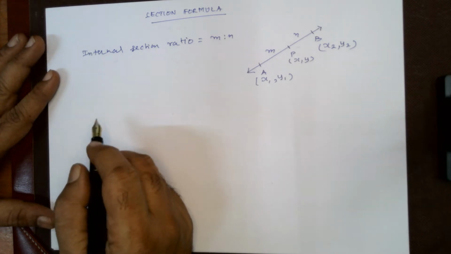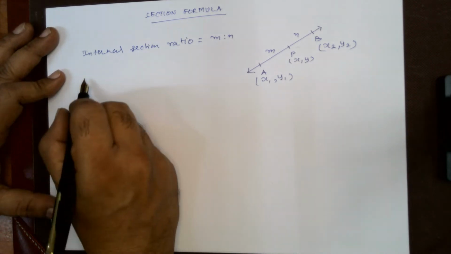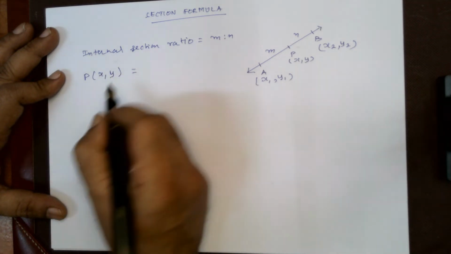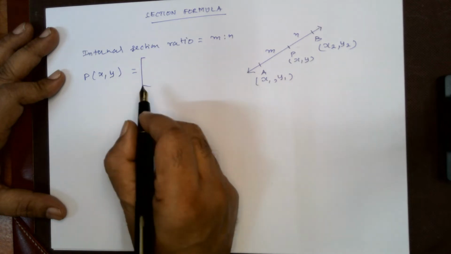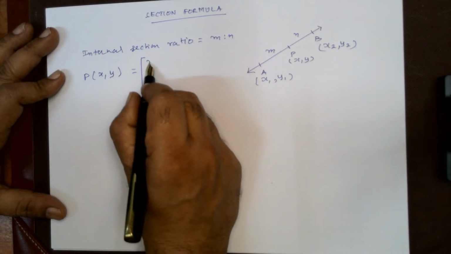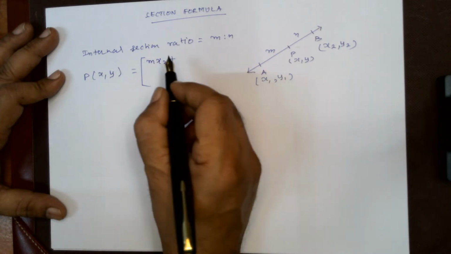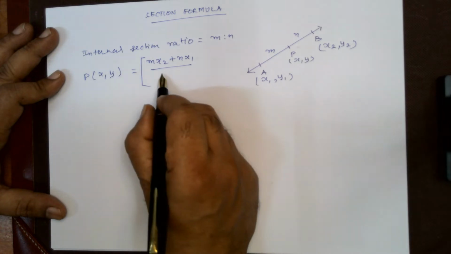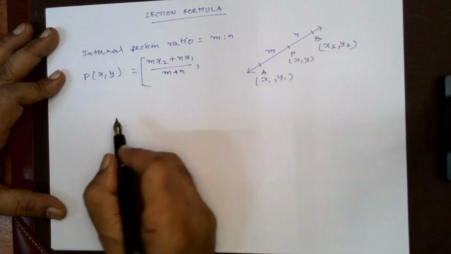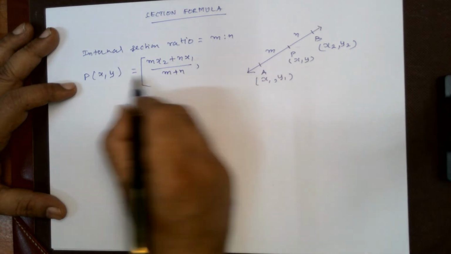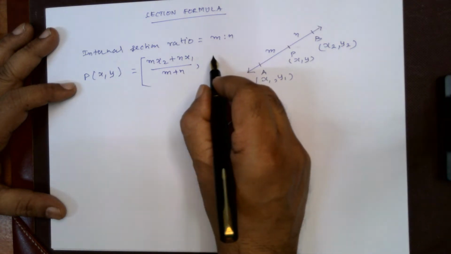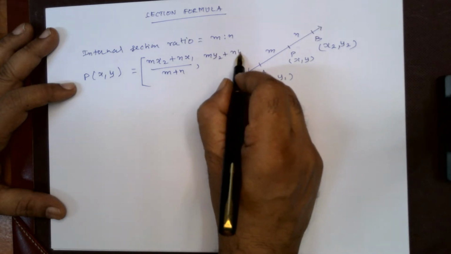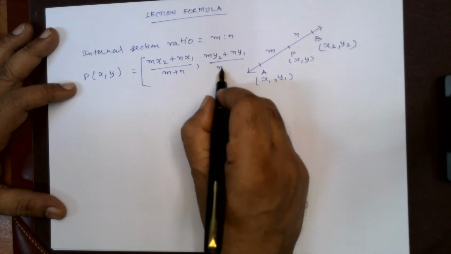And the coordinates can be represented as P of x comma y, which is nothing but m x2 plus n x1 divided by m plus n, comma, that is P of x, and P of y is m into y2 plus n into y1 divided by m plus n.